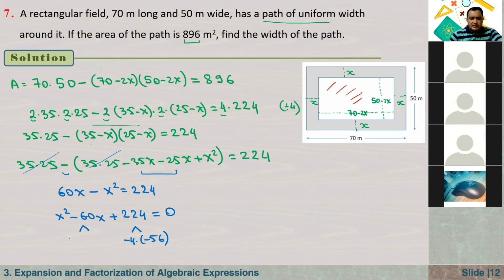And as you see here, negative 4 plus negative 56, that's equal to negative 60. So I can factorize it as x minus 4 and x minus 56, that's equal to 0. So the answer is x equals 4 or x equals 56.